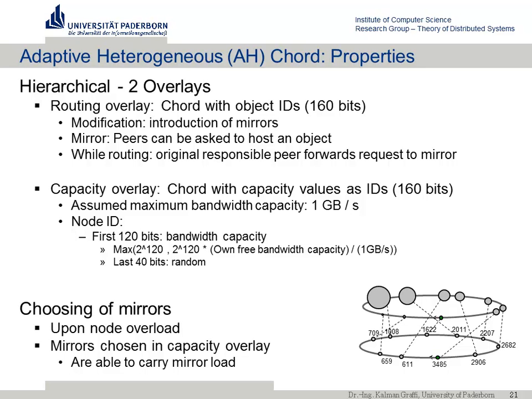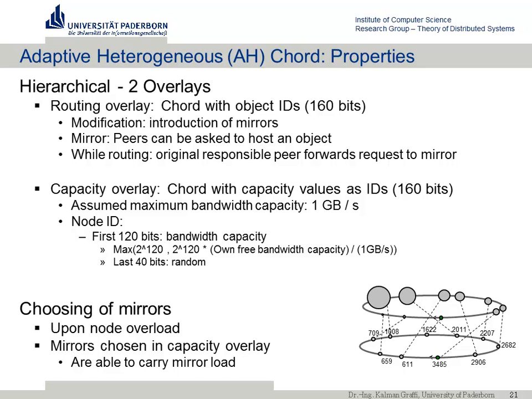In this network, you could state a lookup request for a node which has at least 1 megabyte per second bandwidth free, and then you are routed to one which is located, for example, here. Then you can pick this node as a new mirror for your files in the lower network.